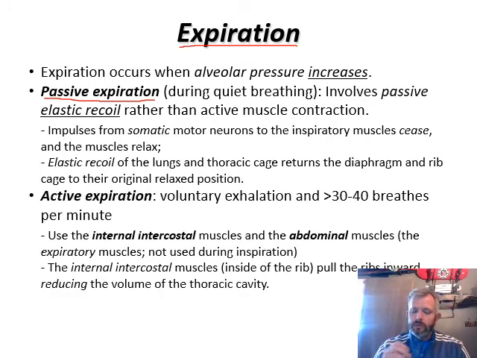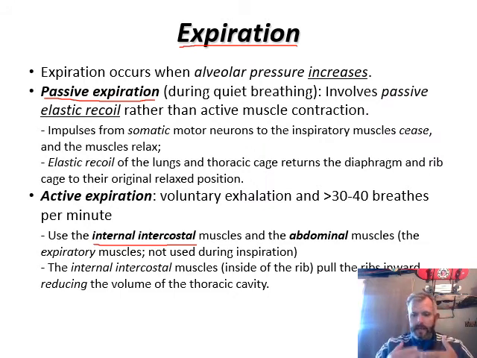When we want to exhale forcefully, we recruit other muscles. We recruit the internal intercostals and then the abdominals, and what that does is draw my rib cage down and in.